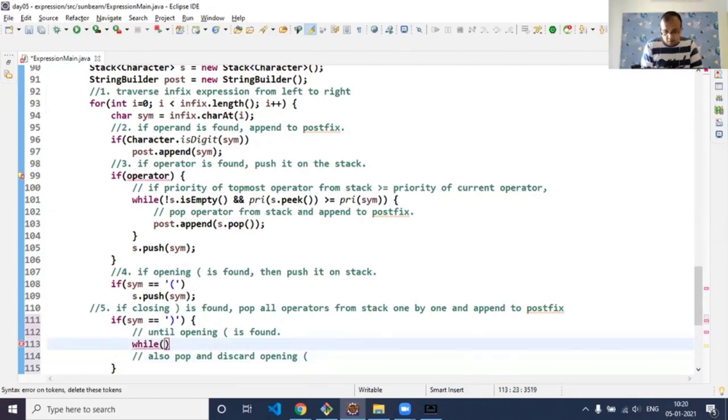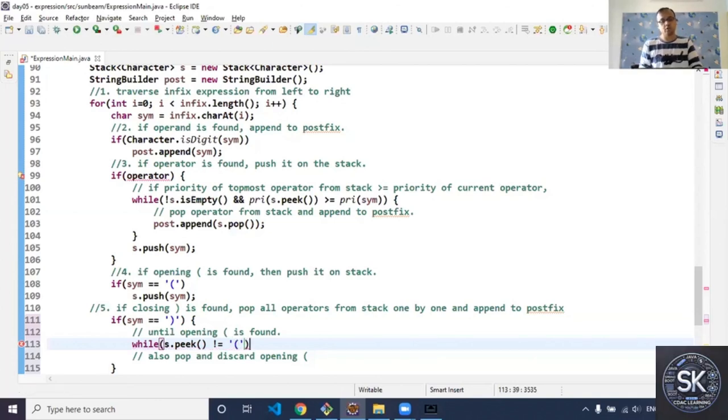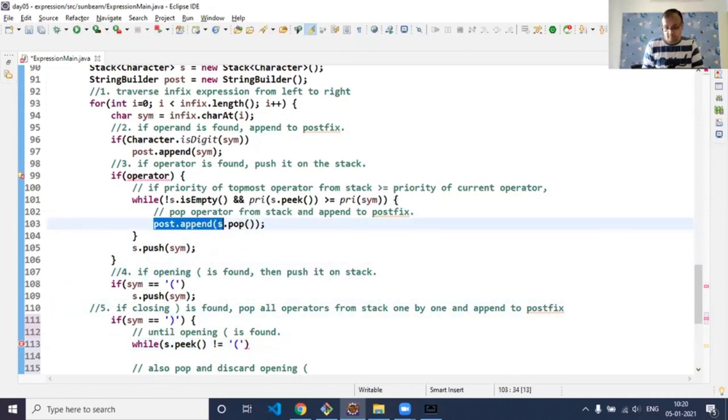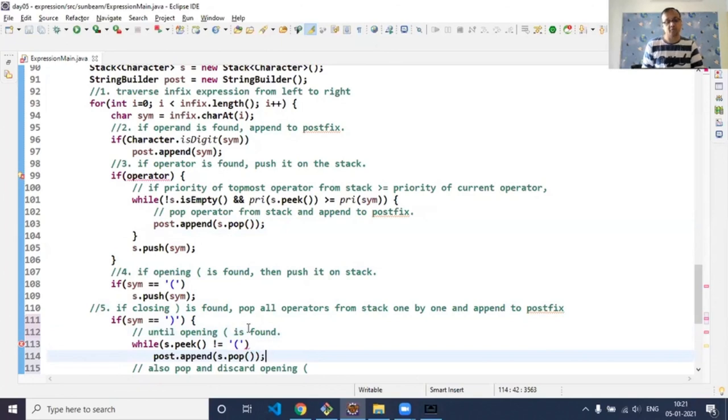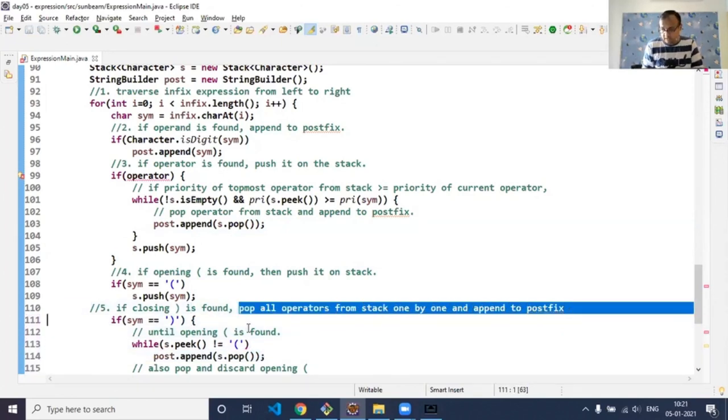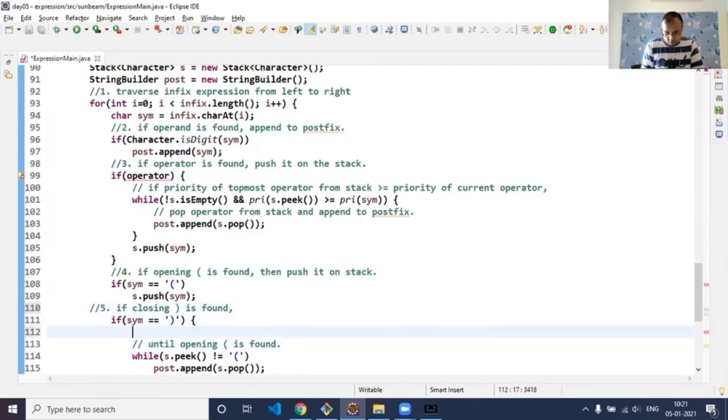While s dot peek is not equal to opening, until opening is found, what is to be done? Pop one by one and append it to the postfix. Okay, understand that. If closing is found, pop all operators from this and so on.